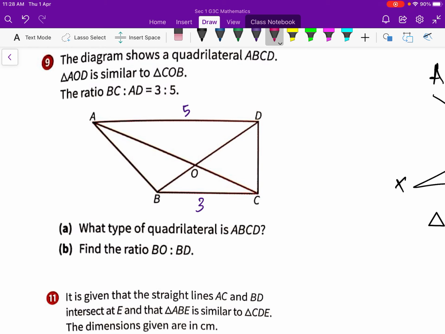If this is 3 units, then this will be 5 units. Do you agree? But you must recognize that I'm using different colors to tell you that we are talking about the ratio between the same colors. The purple 5 and the red 5 are not talking about the same length. Ratio wise, there is a relevance over there.